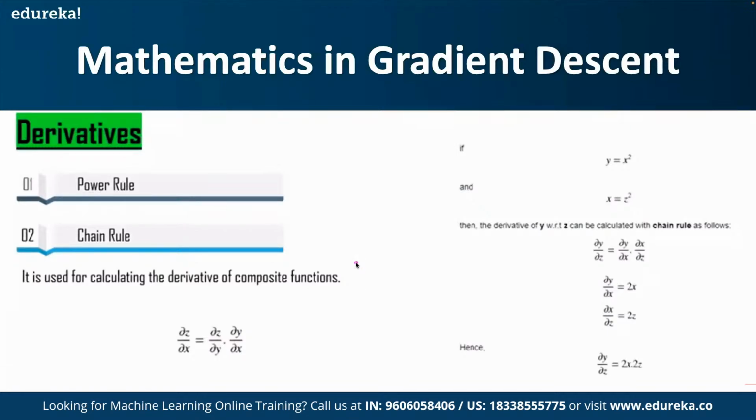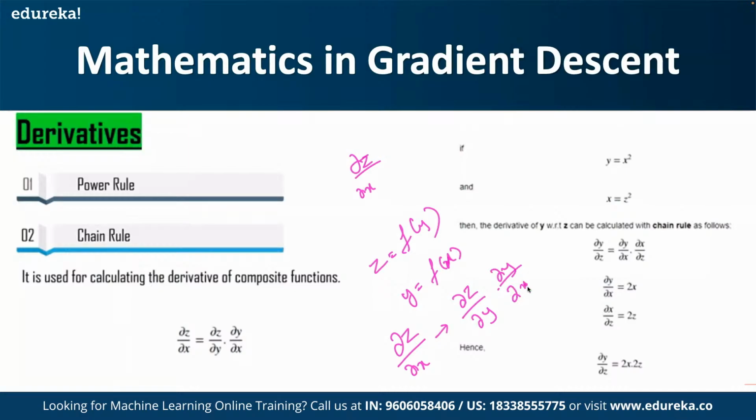If I want to find the derivative of z with respect to x, where z is a function of y, z = f(y), and y is given by f(x), then we can split this as del z by del y multiplied with del y by del x. This is what we call the chain rule.